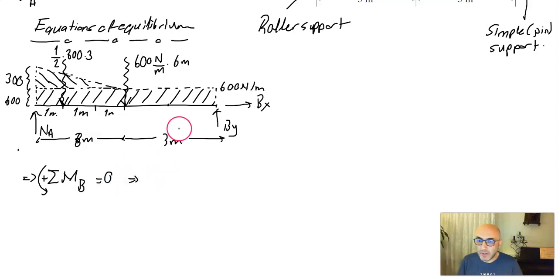Based on that, I am now writing the moment equilibrium equation and taking moments around point B, and anti-clockwise would be negative.